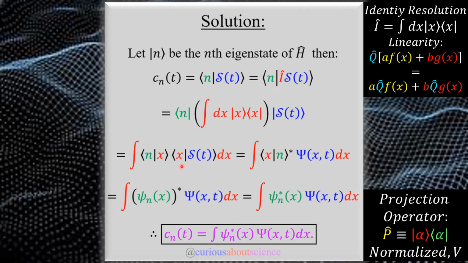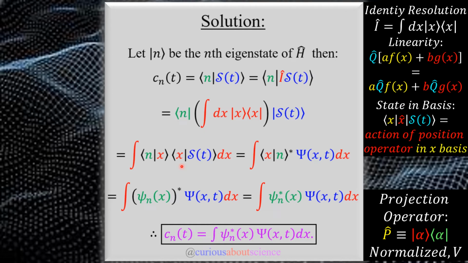And here, what we have to be aware of is that this now changes the basis to the x basis. And in fact, if we look at it, we define a state in a certain basis system where if we have x, the position operator, and S is the state of the system, we say that this is the action of the position operator in the x basis.